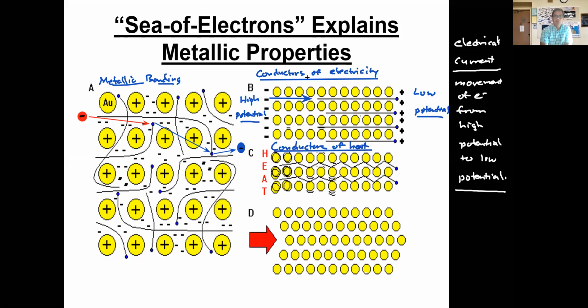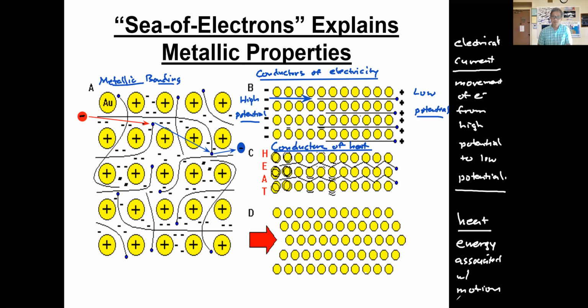If we can define the electrical current as moving electrons, heat we can describe as just the energy associated with motion.